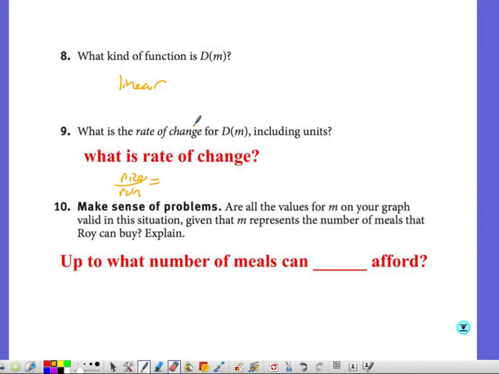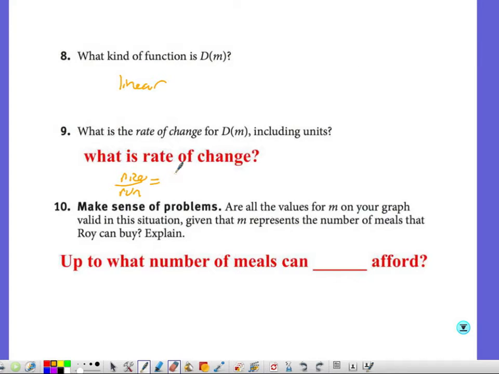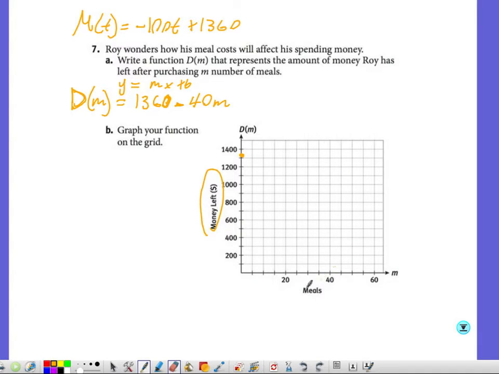Rise basically stands for going along the y-axis, which here is money left. So instead of writing rise, we have money left. And then run is going to be running across the x-axis, which stands for meals.